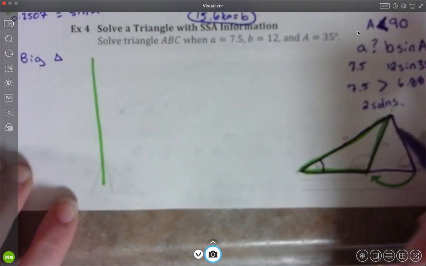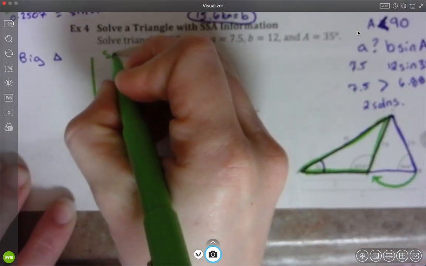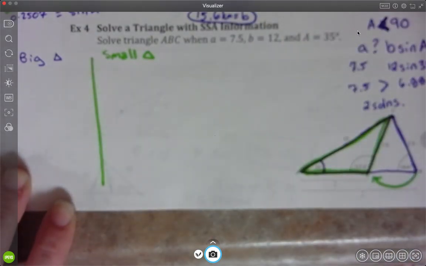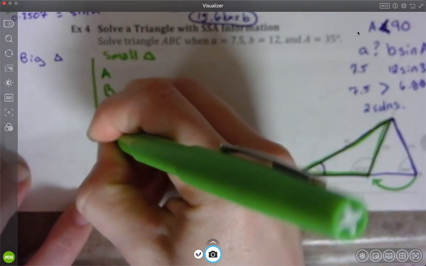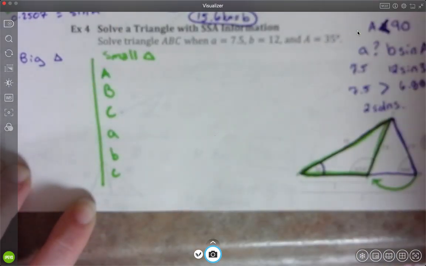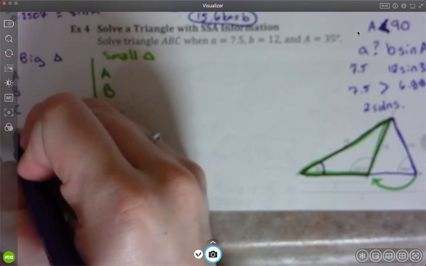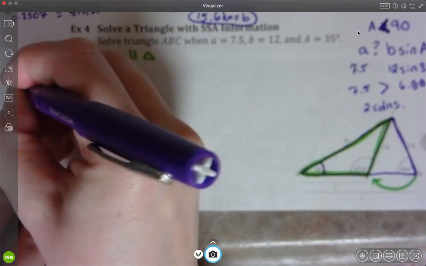Okay, I'm going to label the big triangle with the purple one. Okay, and then I'm going to do a small triangle with the green one. Okay, so I have an A, a B, and a C, and an A, a B, and a C, and then I need A, B, C here, and A, B, C here.